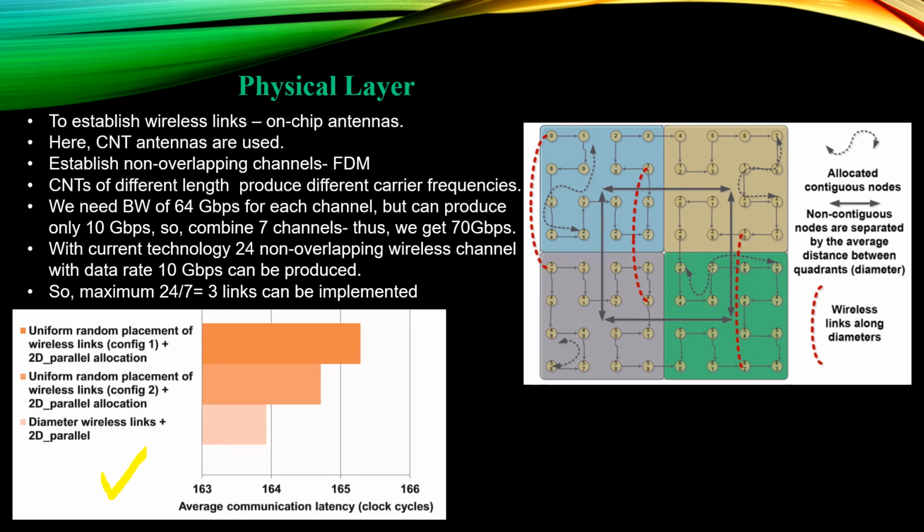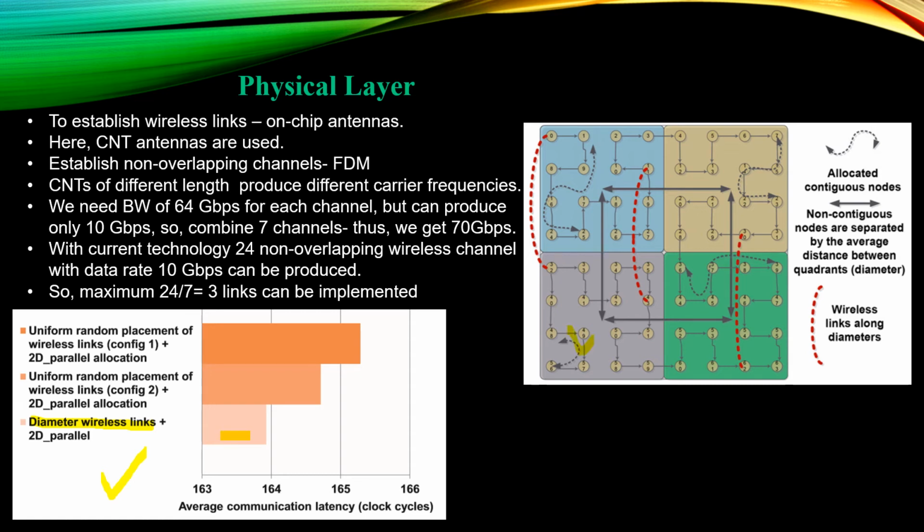This figure shows the comparison of average network communication latencies for different wireless link placements. As only 3 wireless links are available, we can place them anywhere in the architecture. And the experiment shows that when we are placing the wireless links along the diameter of the structure, we will get minimum delay.